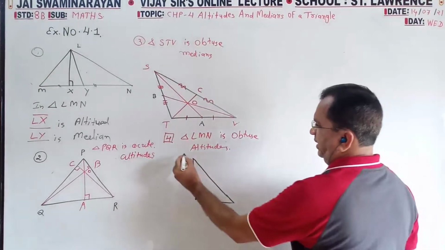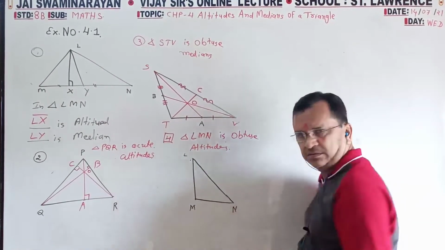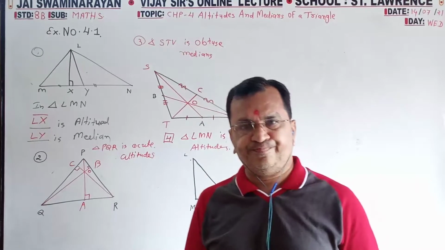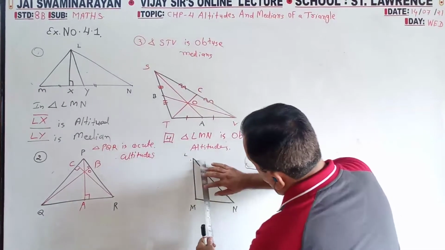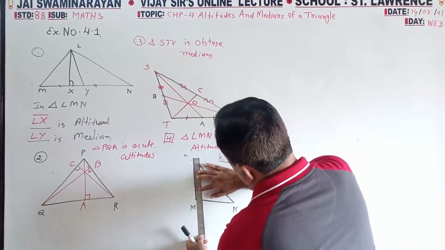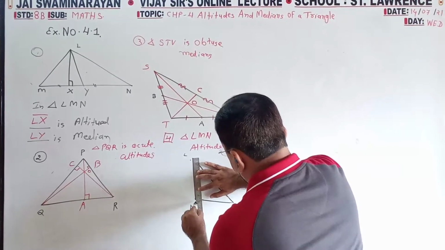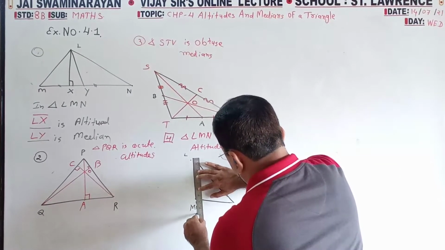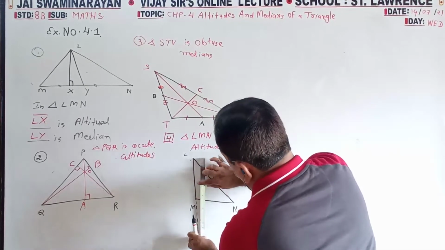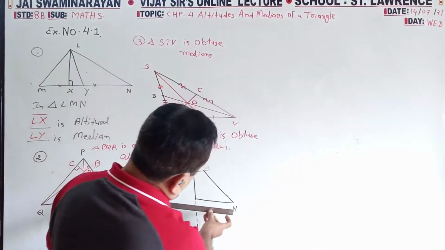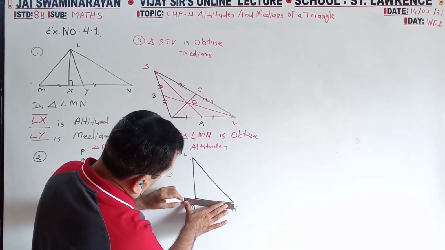Okay, this is LMN. Now, this obtuse angle side you have to extend in dotted. This obtuse angle sides you have to extend.